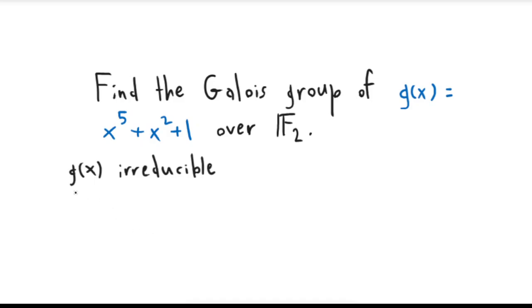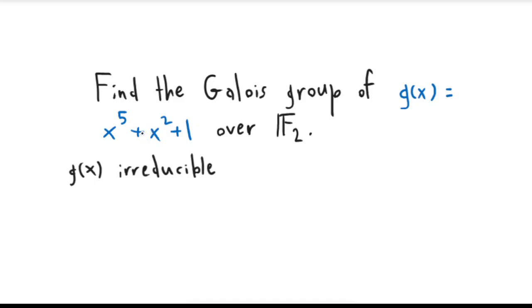So it would either be divisible by a linear factor, or by a quadratic factor, or by a cubic factor, but that would force it to be divisible by a quadratic factor because the total degree is 5. So we're basically just interested in, is this divisible by something linear or something quadratic? And we want to rule out both of those cases.